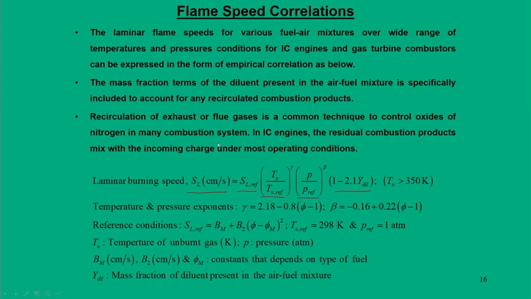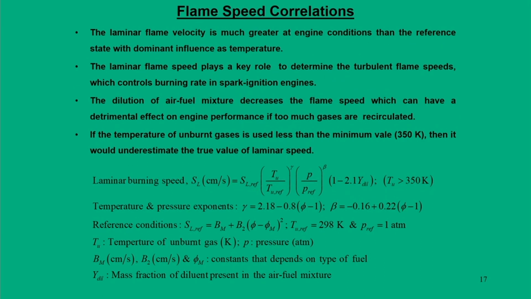That means flame speed reduces with the presence of dilutants. So, the recirculation of exhaust or flue gases mixing with the incoming charge, in most operating conditions, reduces the flame speed. As you can see in this figure, these relations hold good for temperatures much above 350 Kelvin, and if you use this formula for less than 350 Kelvin, we get an underestimate of flame speed.